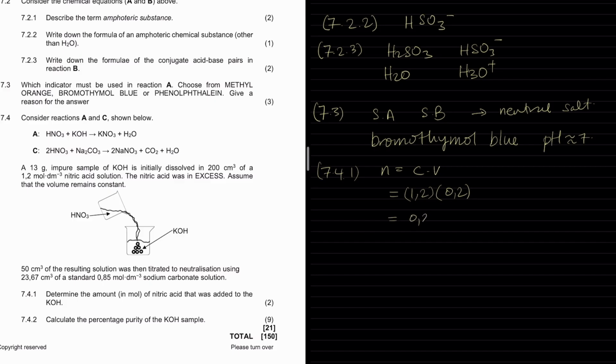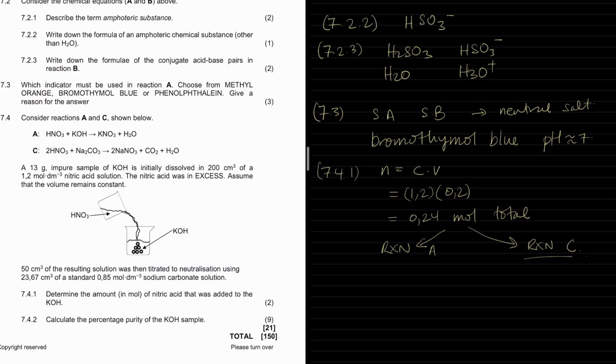So that is 0.24 moles in total. Right? So remember that this 0.24 moles is going to be used in reaction A and reaction C. So 50 cm cubed of the resulting solution was then titrated to neutralization. Okay, so that's reaction C.